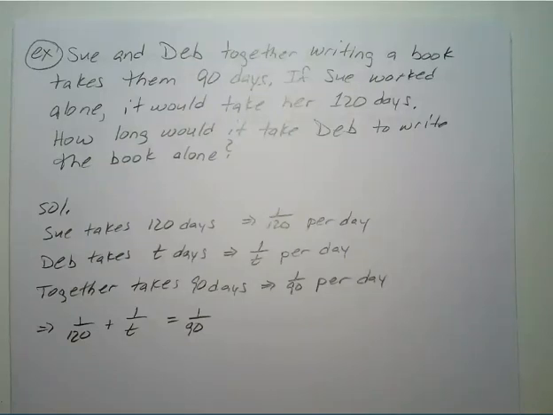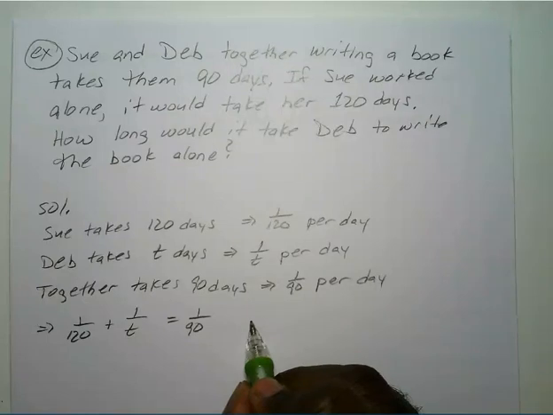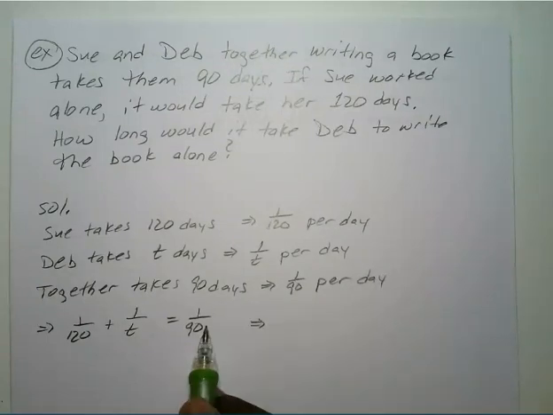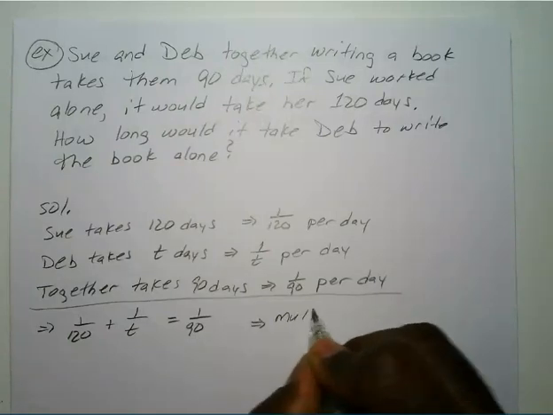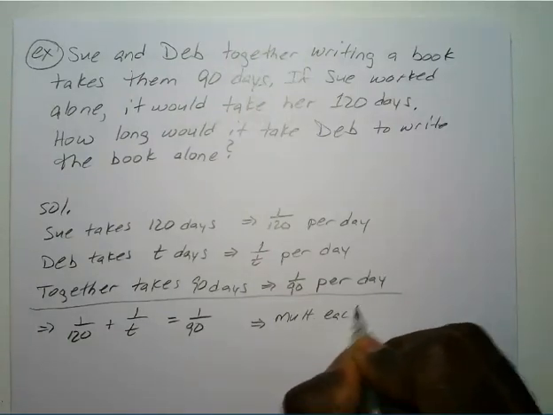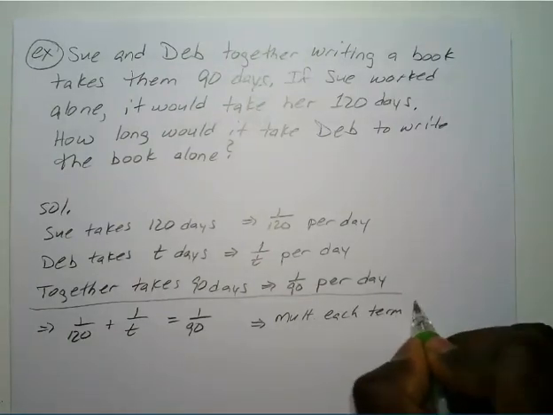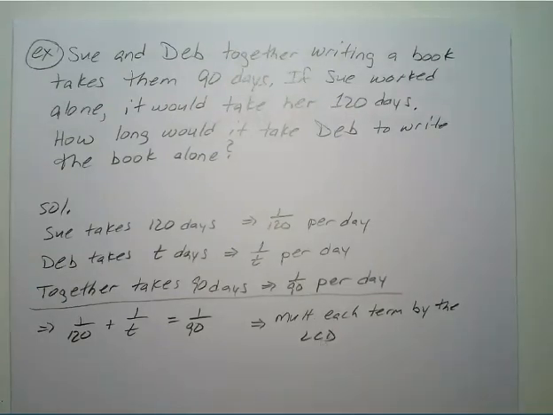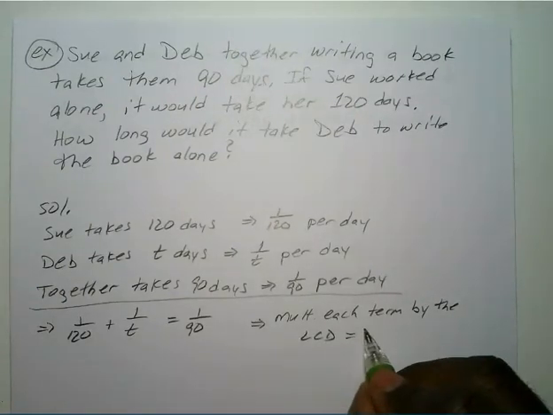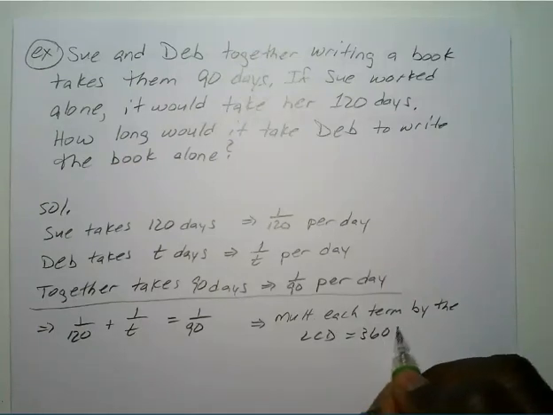Okay, so now we solve for our T. We multiply each term by the least common denominator, which in this case is 360t.